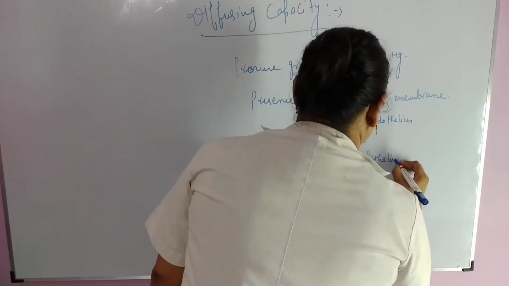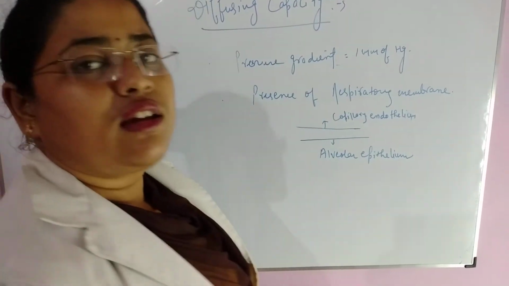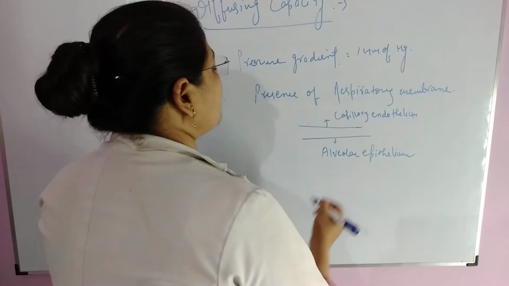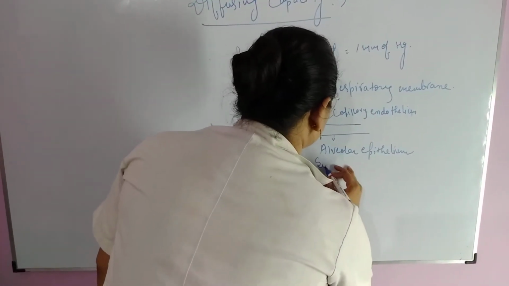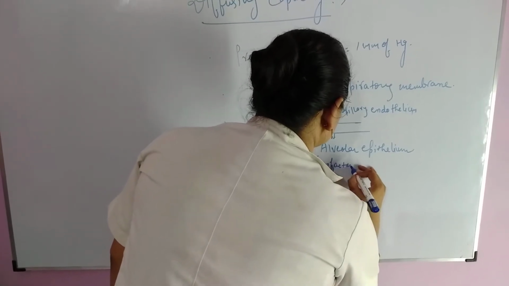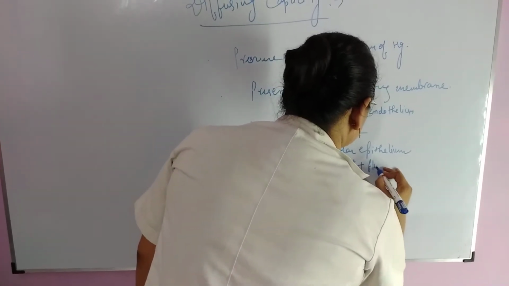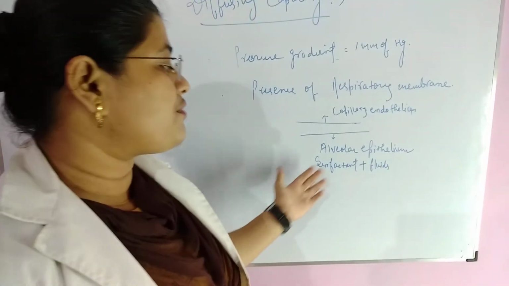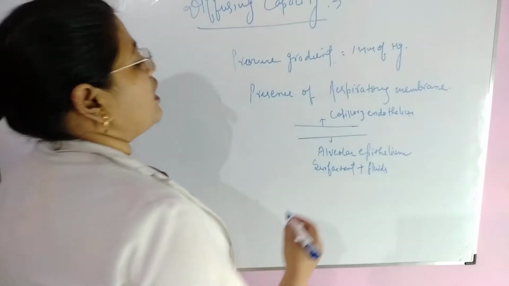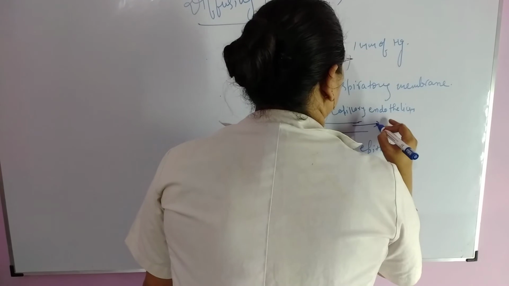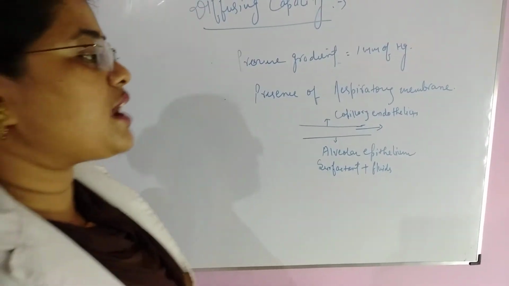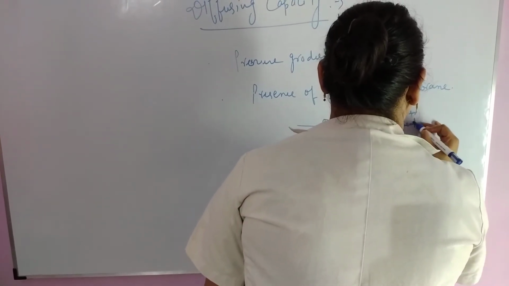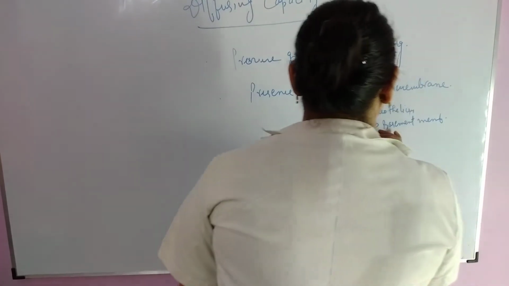And alveoli consist of two types of cells, first and second. The second alveolar cell secretes surfactant and fluid also. So respiratory membrane includes alveolar surfactant and alveolar fluids, and between these, interstitial space and basement membrane are found.